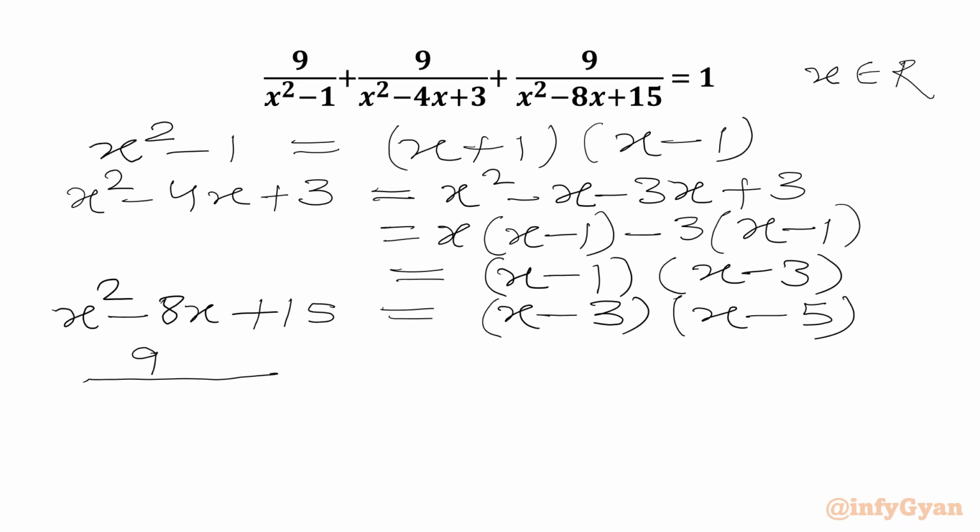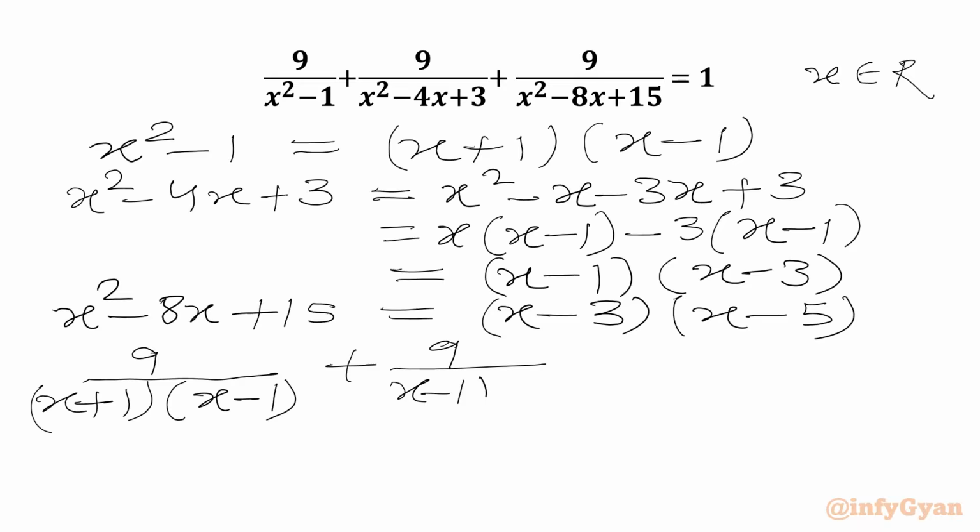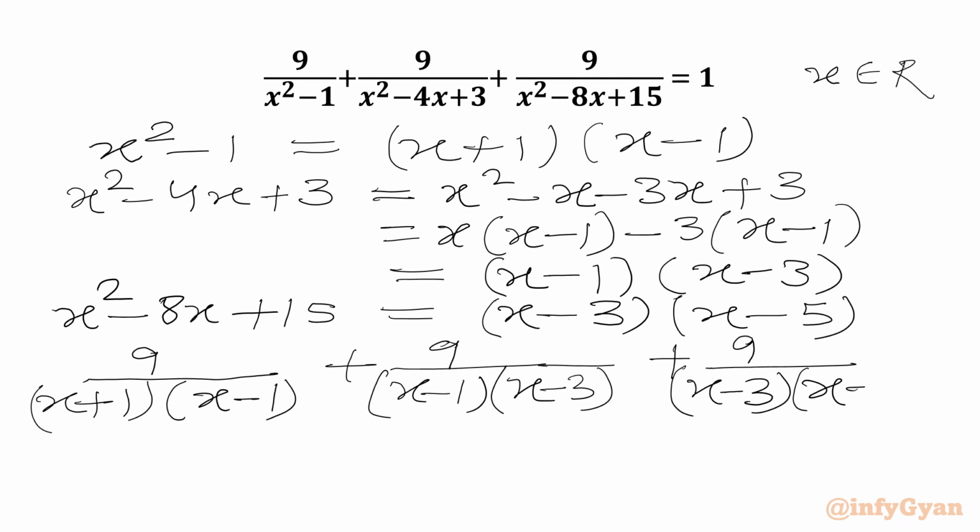So 9 over x plus 1 times x minus 1 plus 9 over x minus 1 times x minus 3 plus 9 over x minus 3 times x minus 5 will be equal to 1.